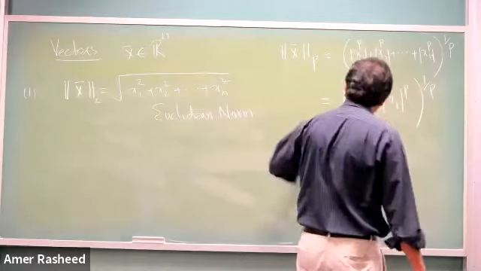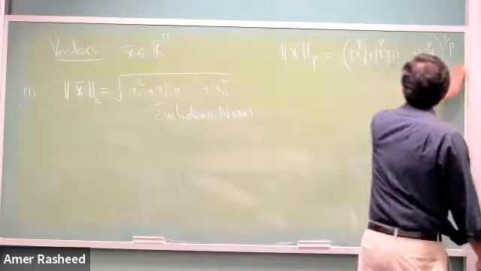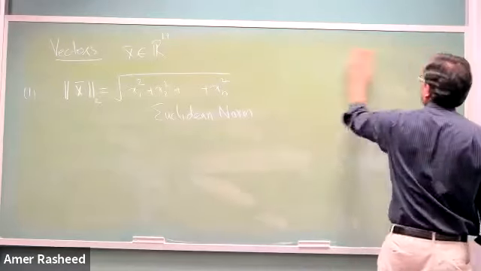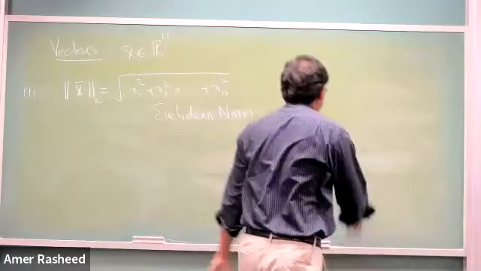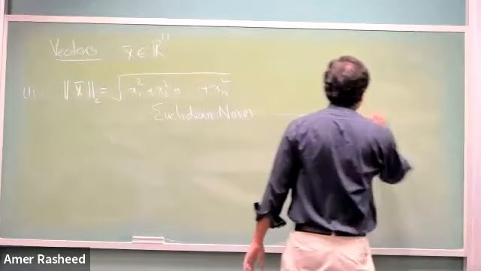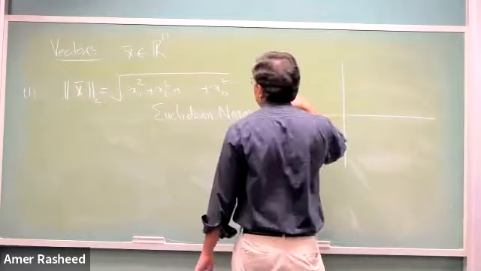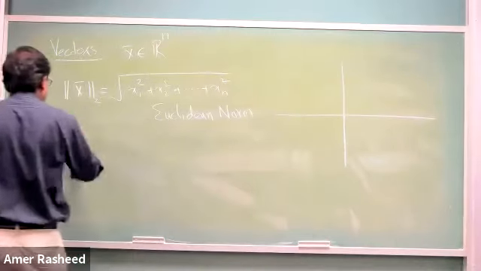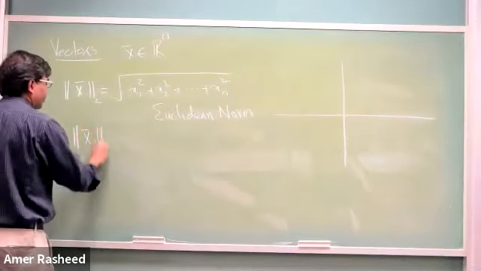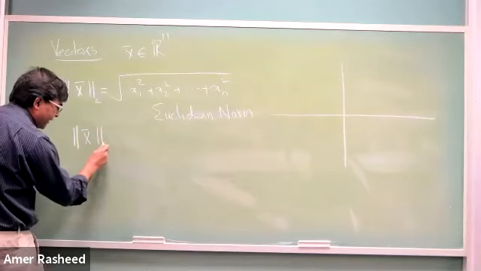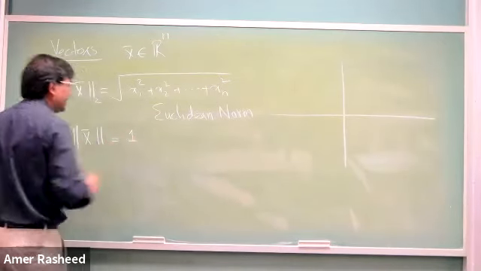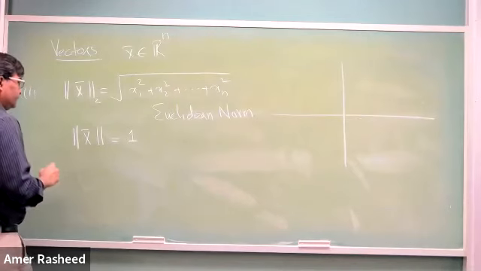No. Okay. Now, geometrically, they are slightly different norms. What does this mean geometrically? The L1 norm is basically, if we take a unit norm, meaning any kind of norm here whose length is 1.